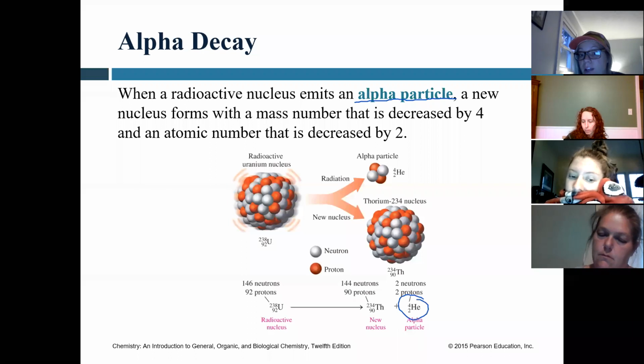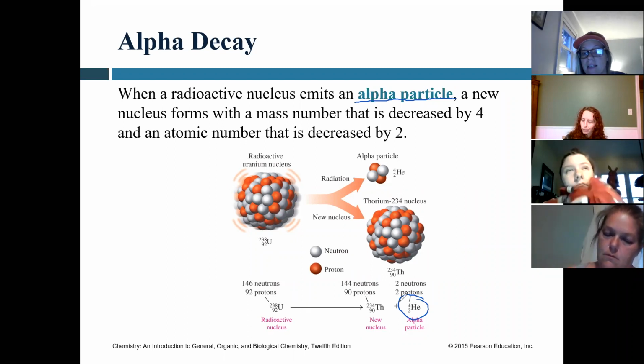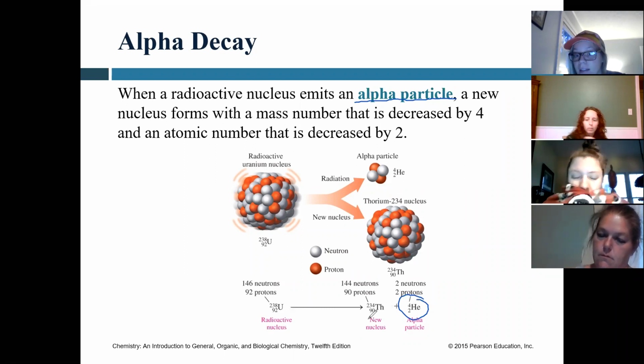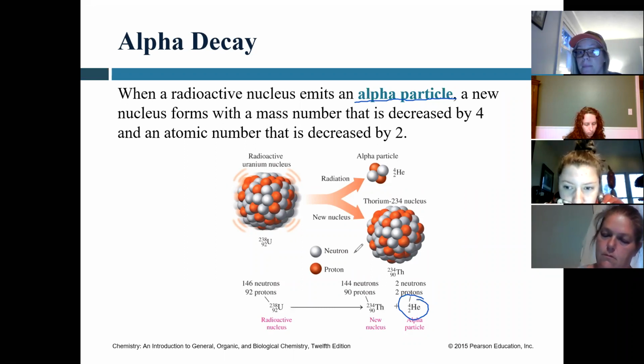So right away, you can write your alpha particle. And you have, let's see, our nucleus, well, we were at 238. I need to subtract out 4, so that'll give me 234. I was at 92. I need to subtract 2 to give me the 90. I just look at the identity of what 90 is. So 90 on the periodic chart is thorium. So I knew the new nucleus will be a thorium atom.